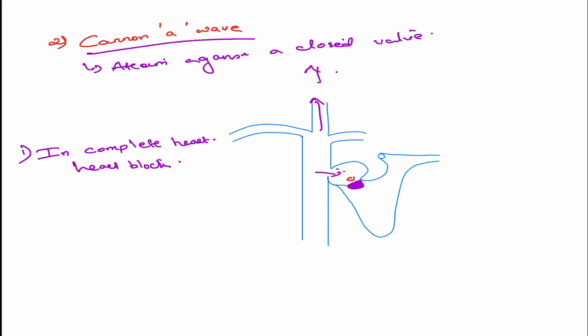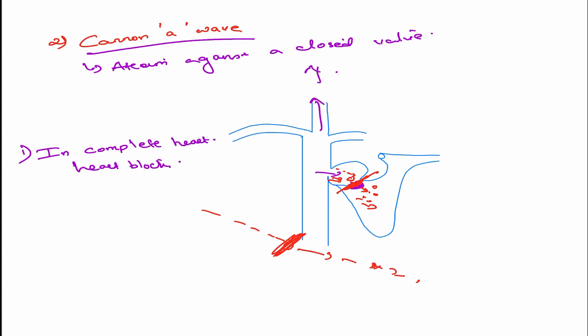And the impulse comes here to the AV node, and transmits it to the ventricle. Now if there is a complete block here, the AV nodal rhythm cannot be transmitted to the ventricle. What happens? The ventricle will develop its own rhythm, isn't it? Because actually it was like a continuous format, it goes and hits the AV node, and from the AV node it goes into the ventricle.